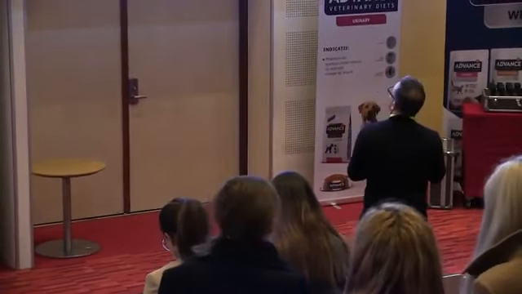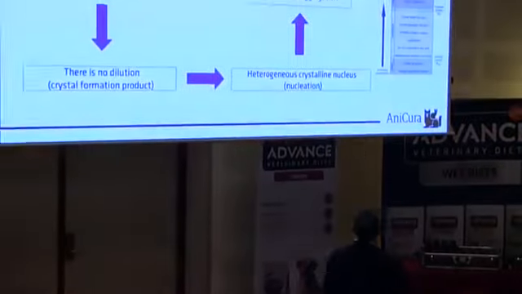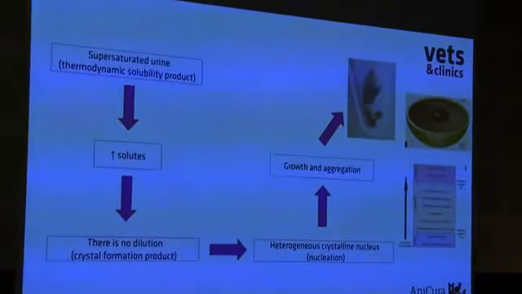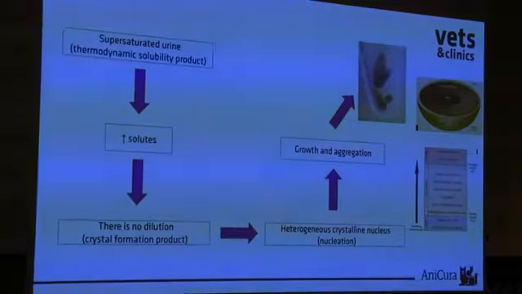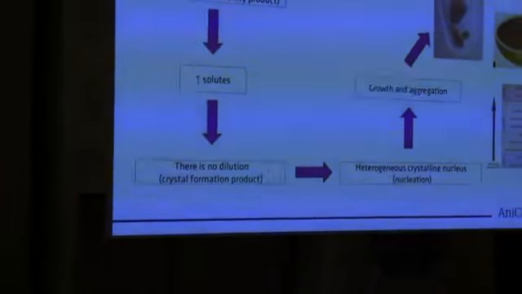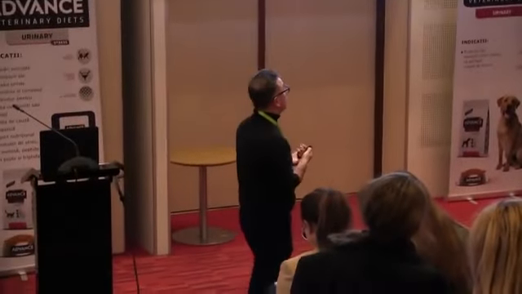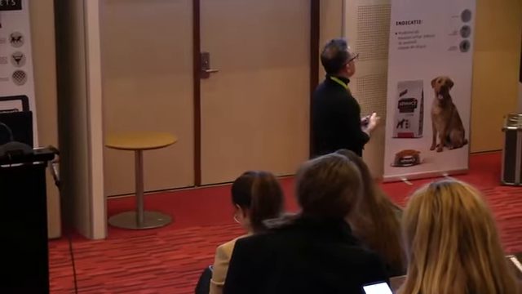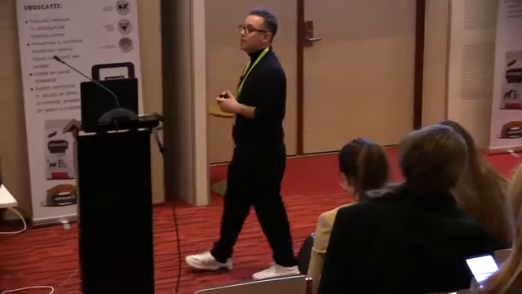And what happens when this metastable state passes to unstable? Unstable means that the supersaturation ratio is increased, and in this state the inhibitors stop working and crystallization can occur.